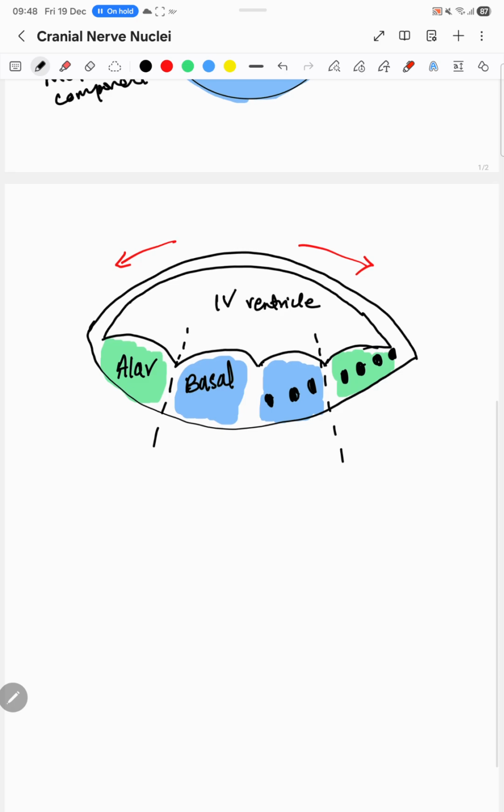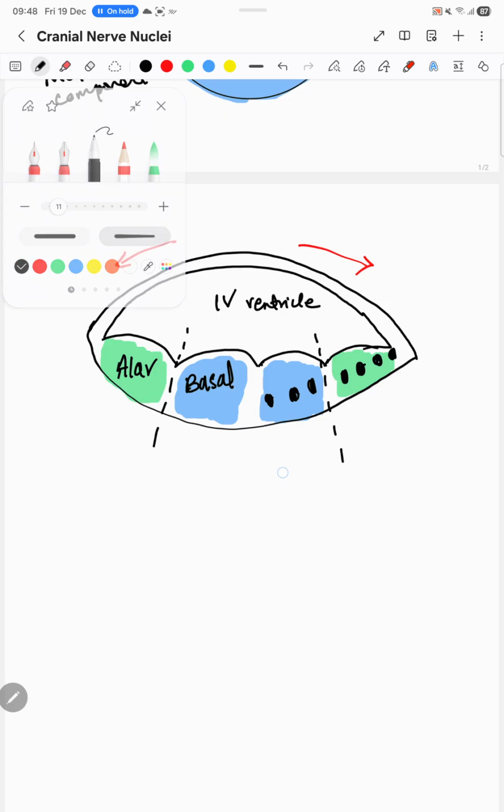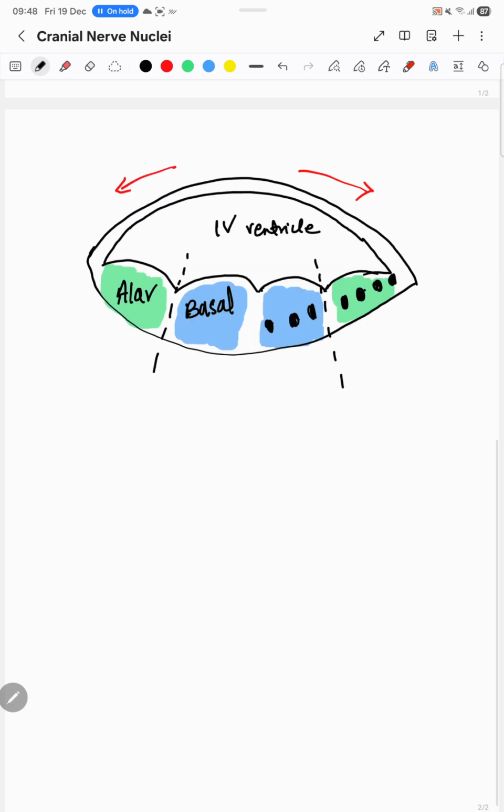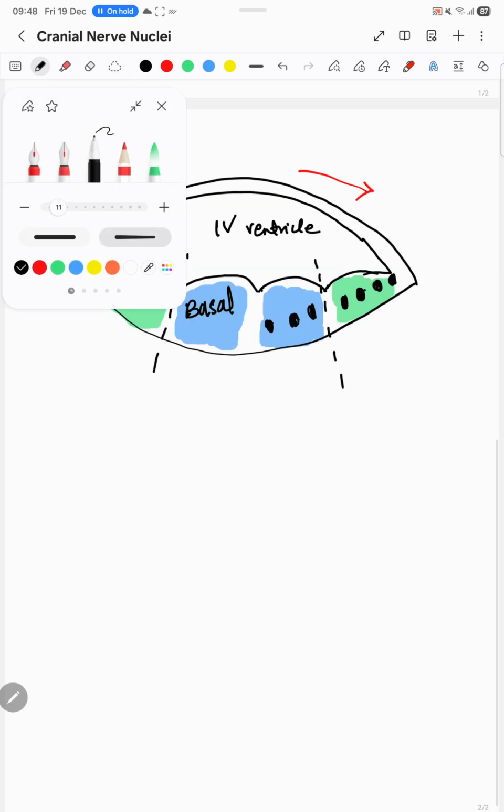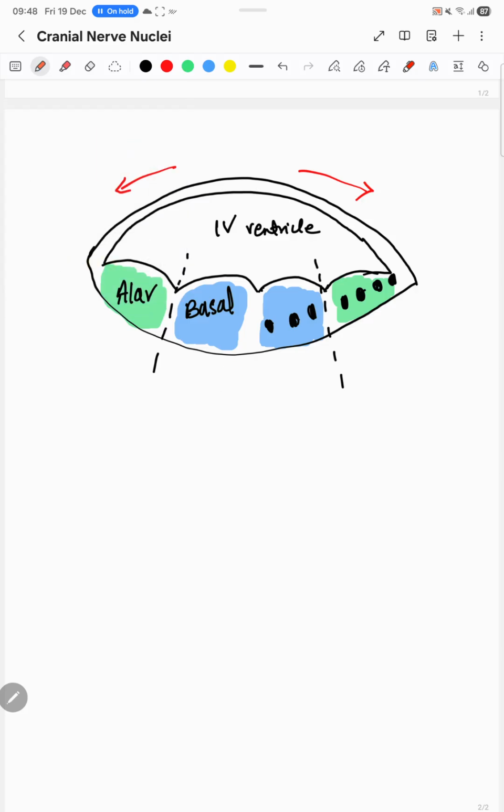These nuclei have some names, right? How about we give them the names, whatever they are. For the basal portion, let's give them names.